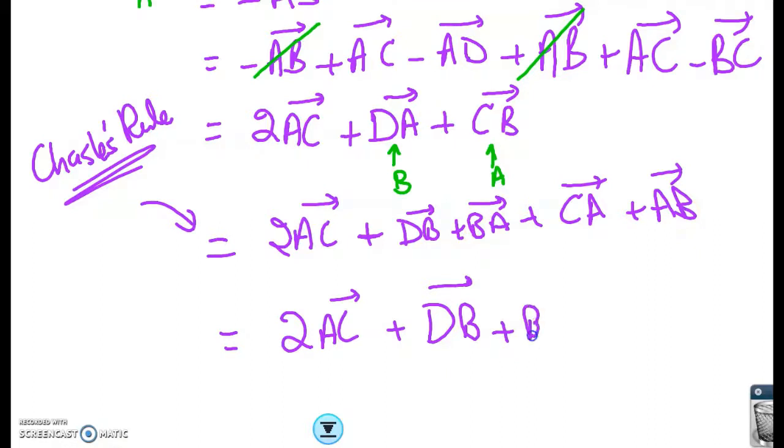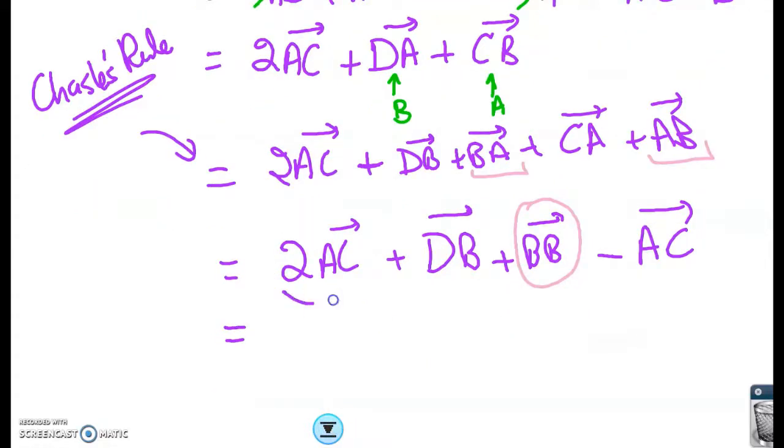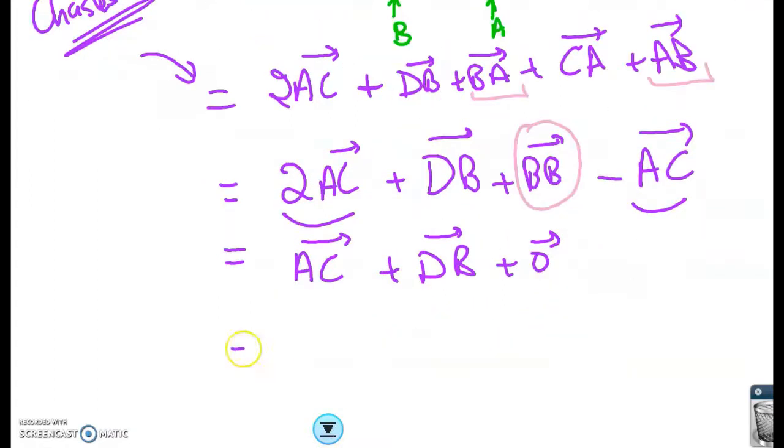We can simply cancel them out. And I will flip CA to get minus AC. Now, 2AC minus AC is simply AC plus DB plus BB, which is the 0 vector. So this is equal to AC plus DB, which is what we want.